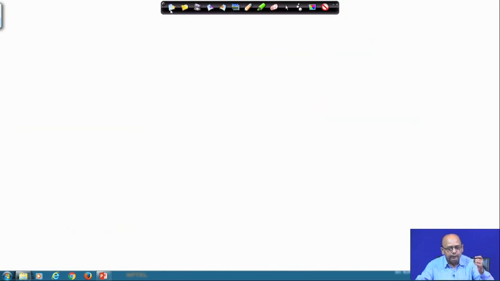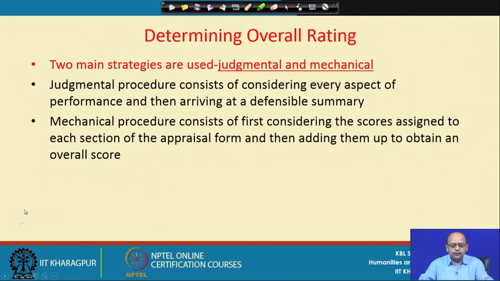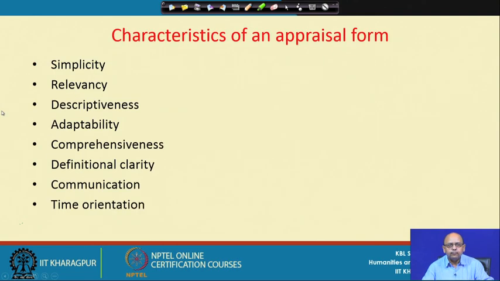Okay. Now, moving further, we are talking about the next thing, that is related to the characteristics of an appraisal form. So, when you are going to develop an appraisal form, what are the things that you are going to look at?